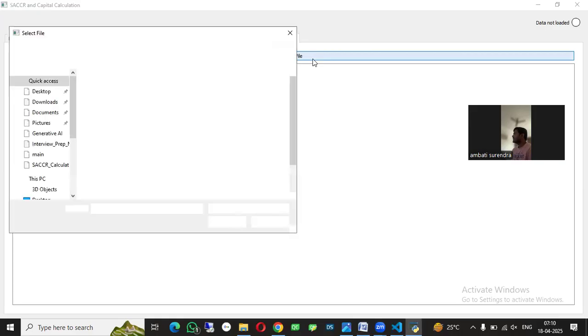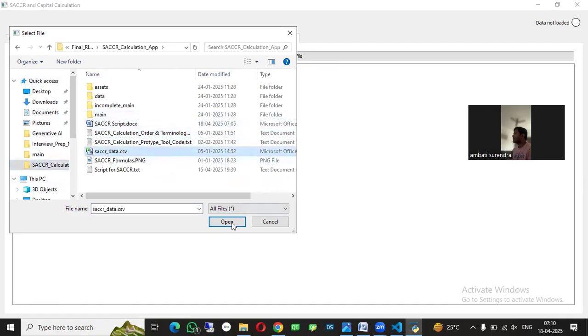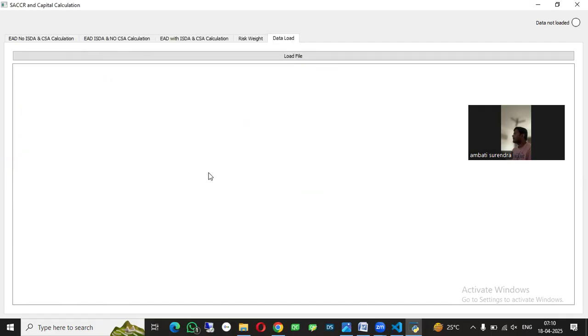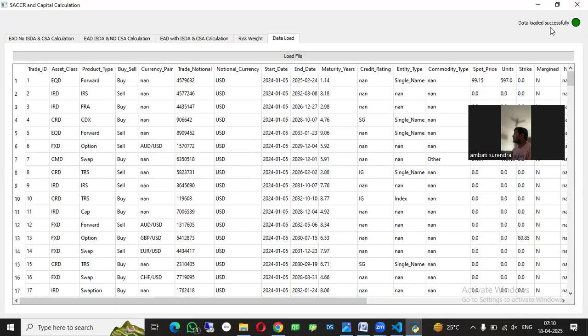For calculation purposes, I created some dummy data. I'm loading that dummy data here. Once we load the file, we can see the pop-up, and it also changes the color. Currently, I have not included database connections or some other features in this tool.